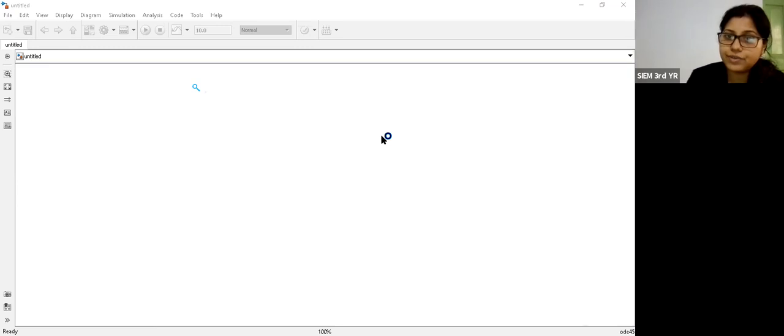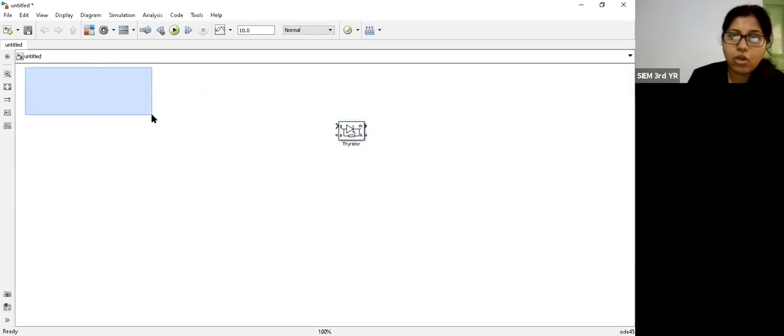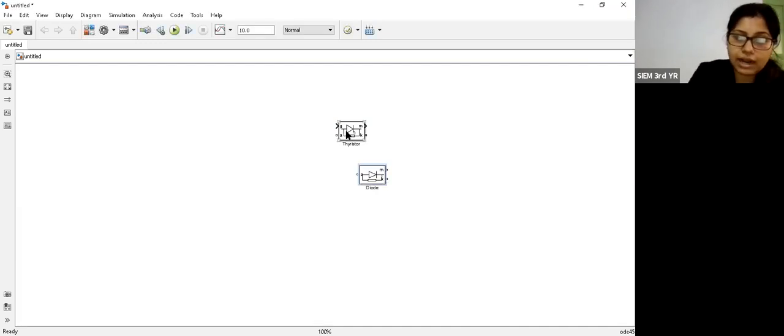So I'm dragging 1 thyristor. So this is 1 thyristor. And this one is a diode. So I rotate the diode with control R. Okay.